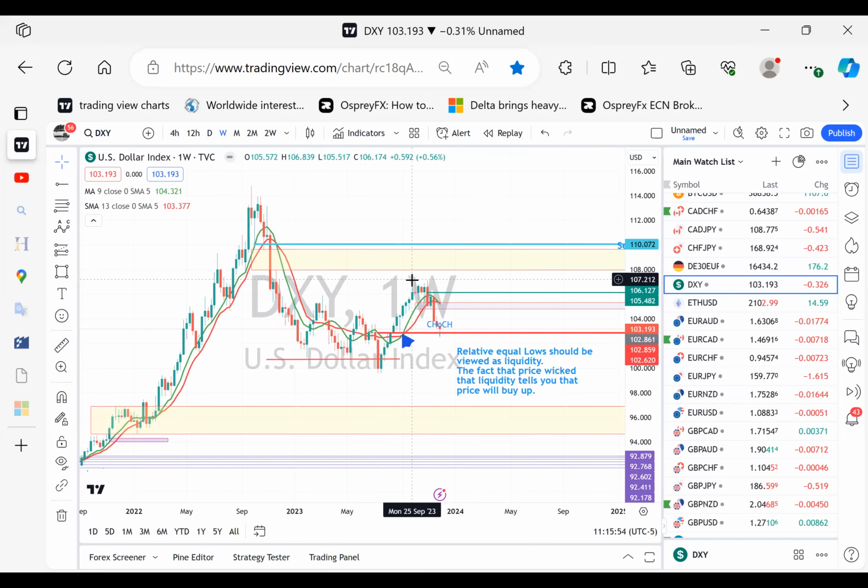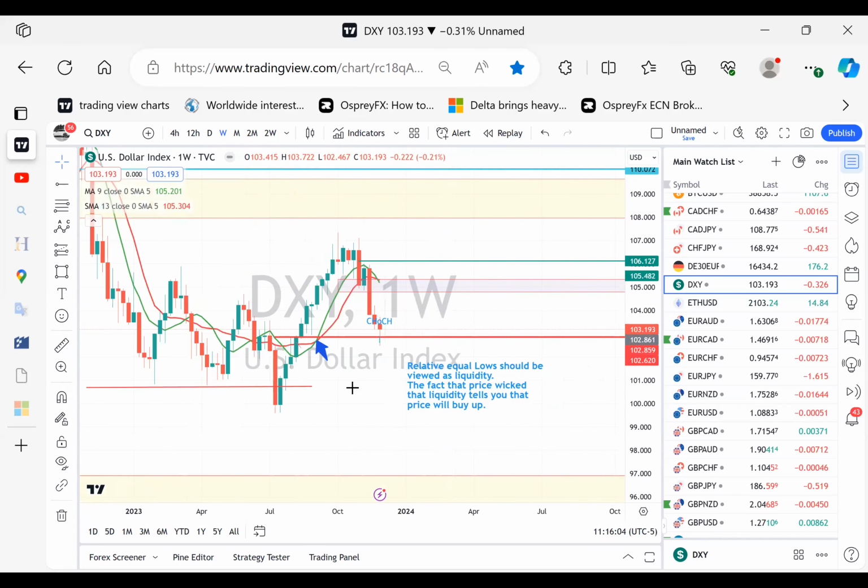When we came up here and broke, we said, hey, man, we need to pull back. And that's exactly what it's done. Pull back. If you look over here, there were some lows over here. We wicked that low. What should we want to see when we wick this low?